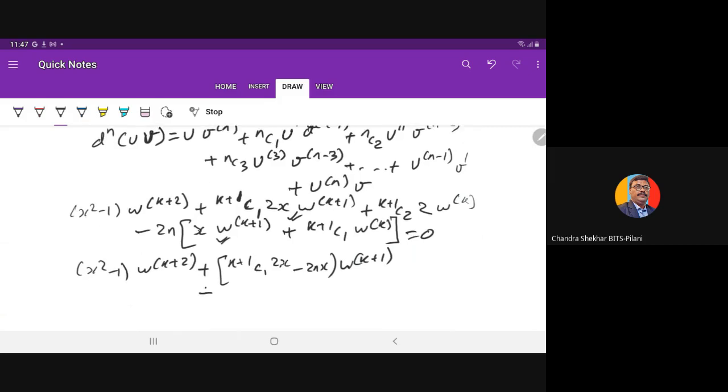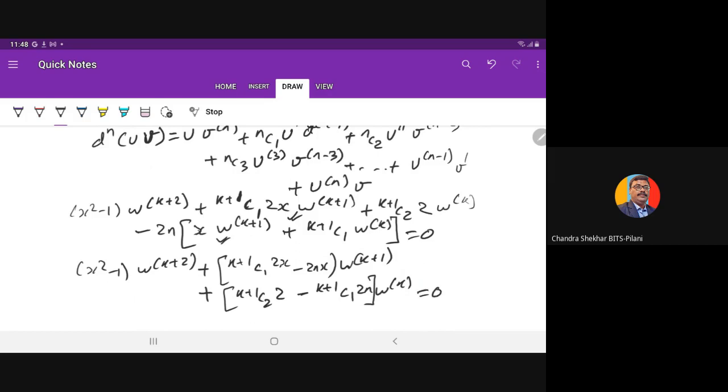And for w to power k, from the first we have k plus 1 C2 times 2, minus k plus 1 C1 into 2n. This is what we have.